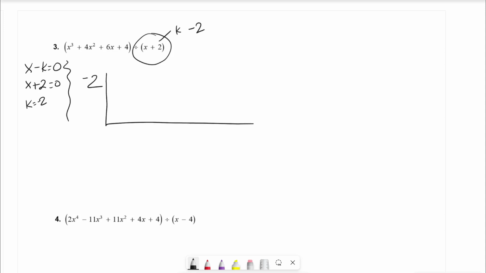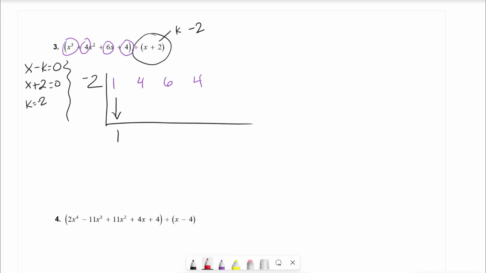Then we draw our upside down symbol, and we look at just the coefficients. The coefficients of our first term, we get 1. Next term, we get 4. Next term, we get 6. And next term, we get 4. Now we can actually do the synthetic division. Step number 1, bring down the first term.